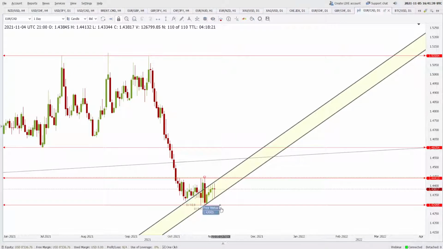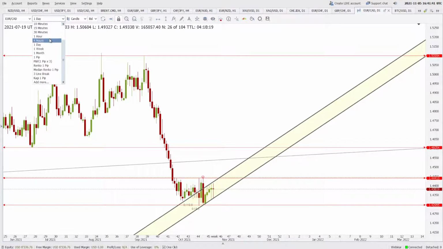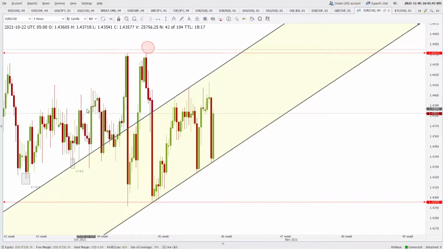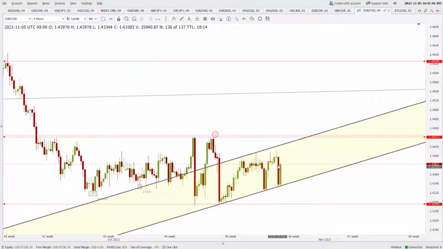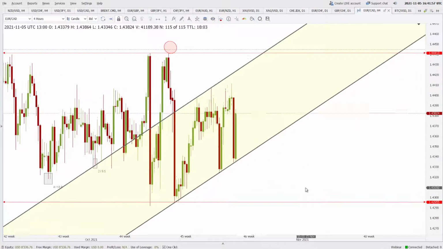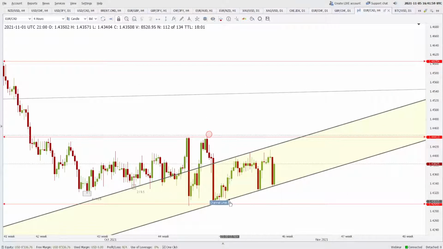EuroCAD is finding it very difficult to go higher, but it is still observing this 4-hour channel that we had created, and now this channel is acting as a support time and again whenever the price comes here. Now this is a classic example of building positions. Building positions means that the people who are interested in euro against the Canadian dollar, whenever they see the price coming here, they open huge positions and then leave them. Whenever the price comes here, they open huge positions right now as if they're doing it.